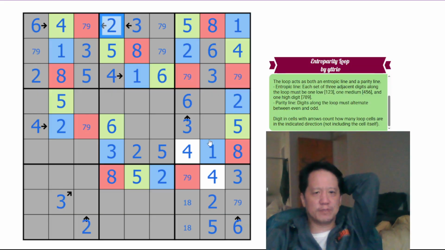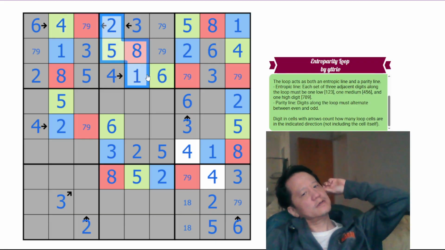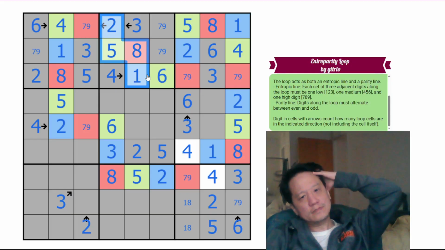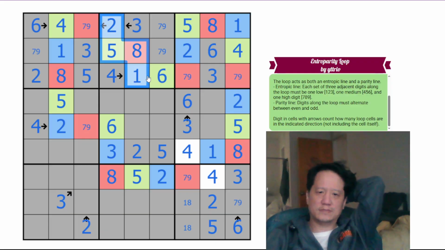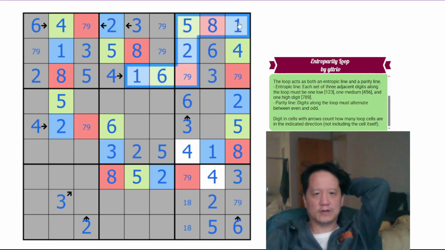Shoot. I'm pretty sure this is correct. Right, this does have to go this way here and then exit back out because it can't do 3 this way. Right?